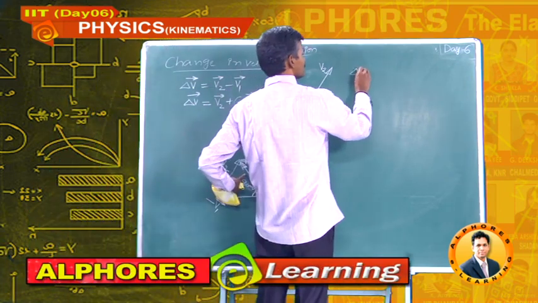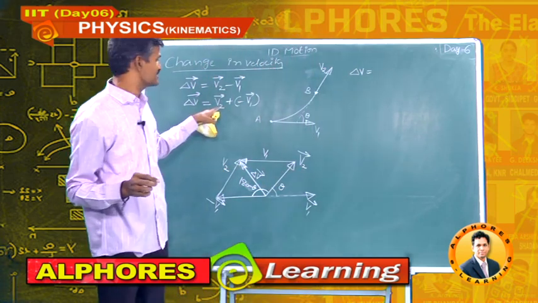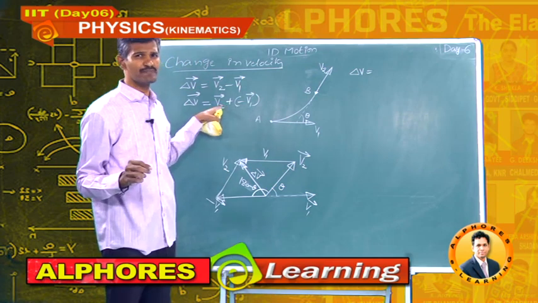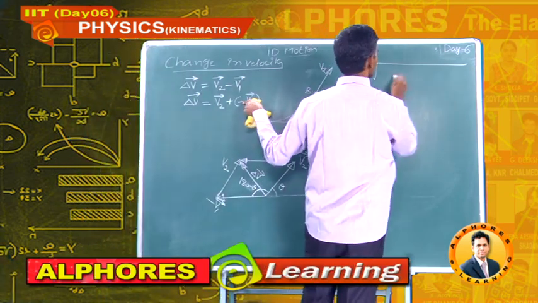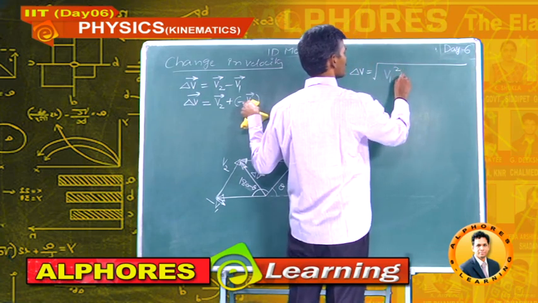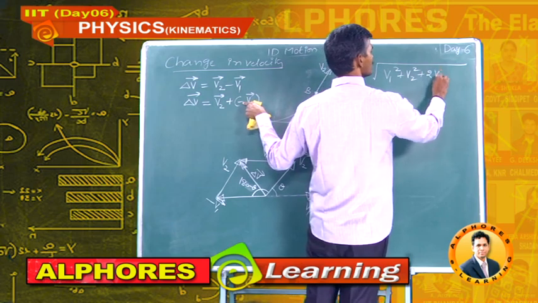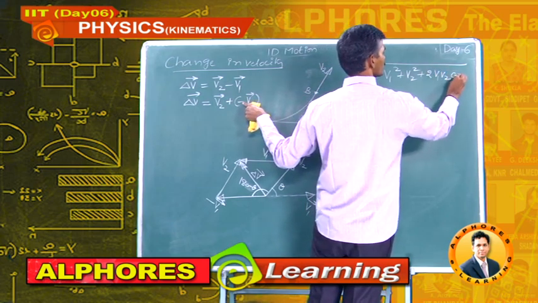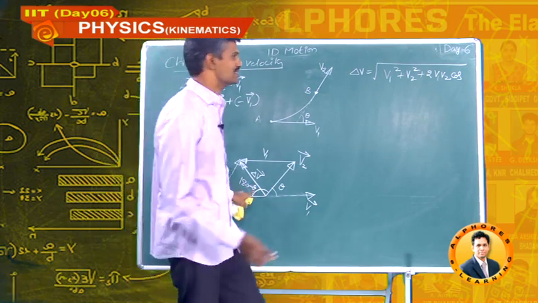Change in velocity is the resultant of these two vectors. If I call this P and this Q, this is P bar plus Q bar. So the resultant is given by under root v1 square plus v2 square plus 2 v1 v2 cos of the angle between these two, which is 180 minus theta.